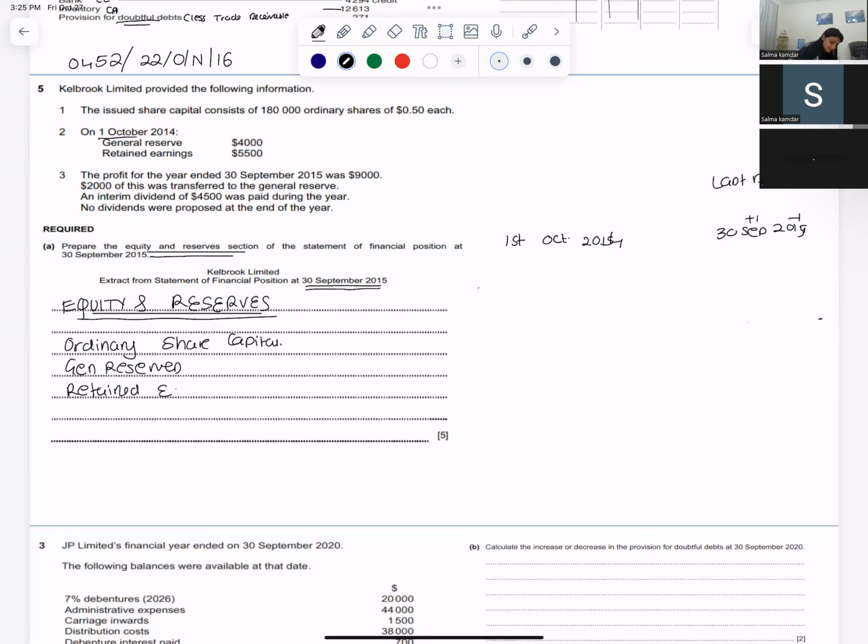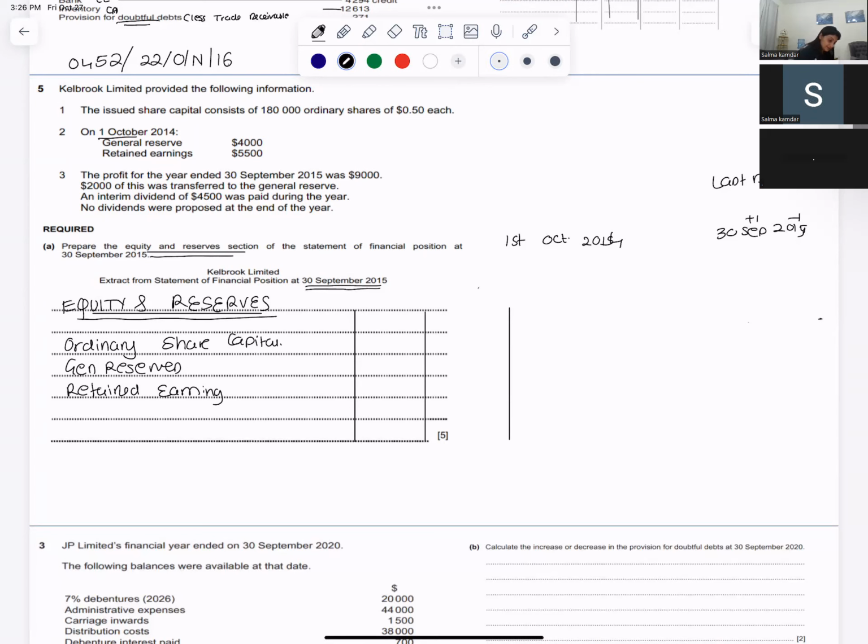But the ordinary share capital is 90,000, right? Right now, I don't know. We have to read. We have to do adjustments also. We don't know whether it is the final figure or there is something that is going to happen in this.